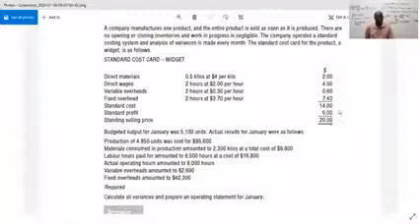Robert is asking, what about fixed overheads volume variance? Fine. We are not yet there. Remember, you are a cost accountant, a management accountant. In management accounting, how do you ascertain your costs? First of all, you start with materials. You go to labor. From there, you go to variable overheads. After you finish variable overheads, we'll go to fixed overheads.